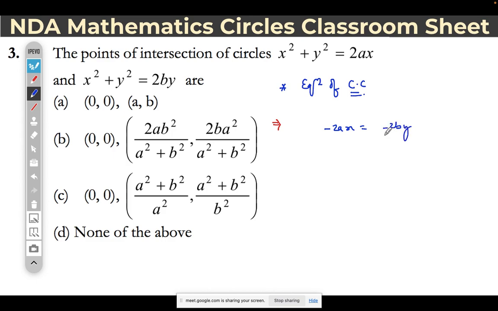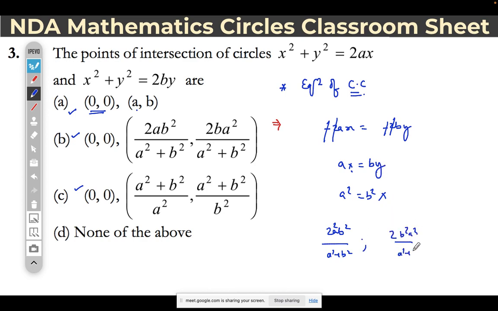Am I correct? A into x equal to b into y. When you put 0 comma 0, is it satisfying? Yes. When you put a comma b, is it satisfying, a square equal to b square? No. When you put this, 2a square b square by a square plus b square, 2b square a square upon a square plus b square, is it satisfying? Yes, they are. Hence the answer is B.